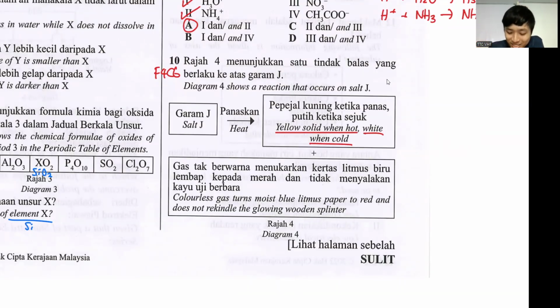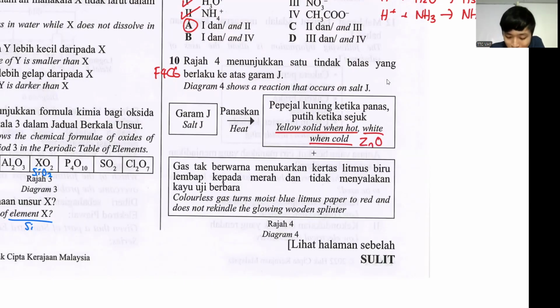This one is ZnO, correct? The other one is quite similar: brown when hot, yellow when cold. That one is PbO, lead(II) oxide. This one is ZnO. I hope you already get this into your head.